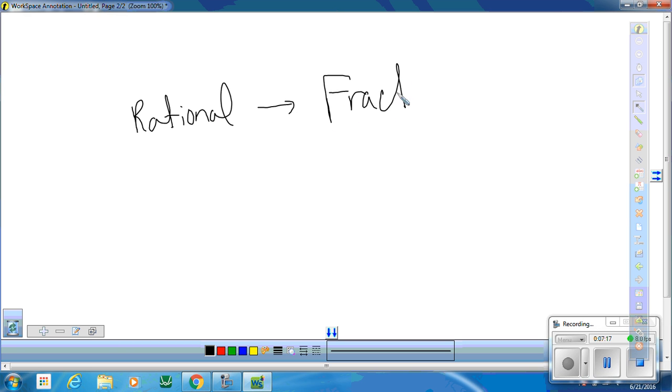Okay, because ratio, fraction. So when we say rational exponents, what that means is that we are talking about there being a fraction in the exponent.